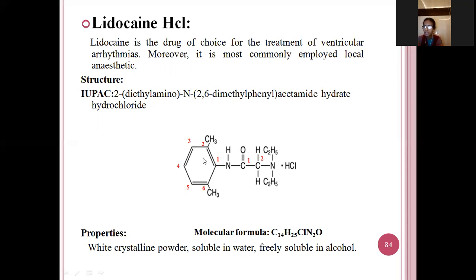So this is the phenyl. For the phenyl, in the second and the sixth position, the methyl groups are there. So that is dimethyl, and this is amino. And here, 1, 2. In the second position, the diethyl, so two ethyl groups are there. So that is diethyl amino. It is the acetamide hydrochloride.